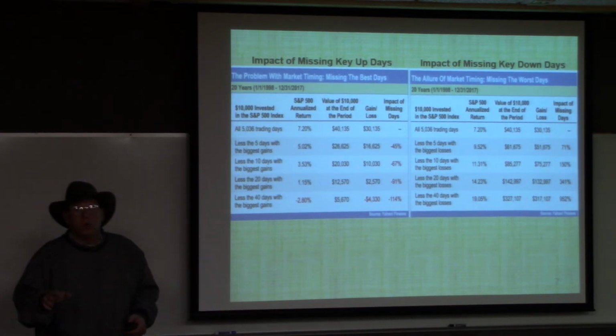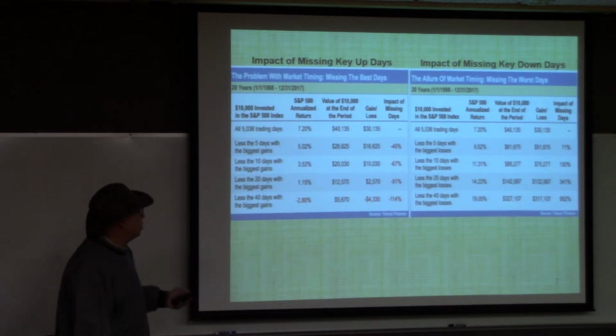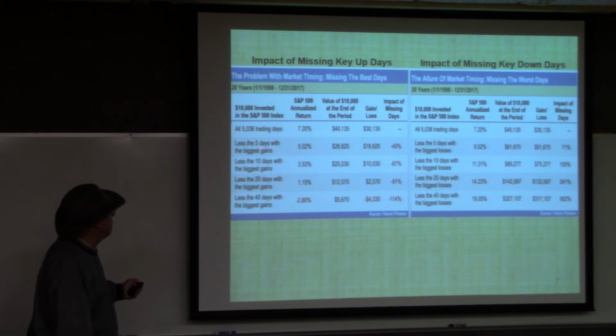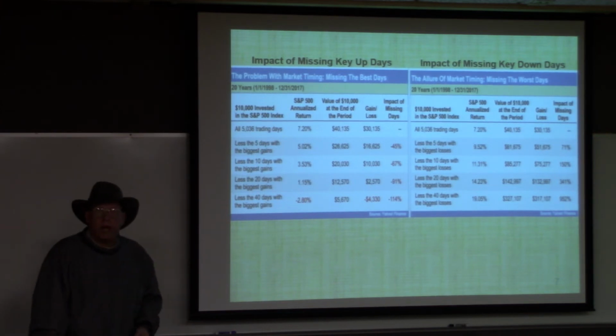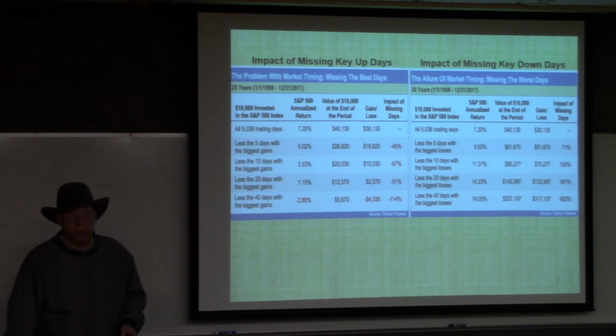Again, we're talking about 5,036 trading days, and we're talking about the impact of missing 5 to 40 days in the portfolio out of 5,000. Who on this planet could pick the days to be in and the days to be out? And the answer is no one. No one could do it.